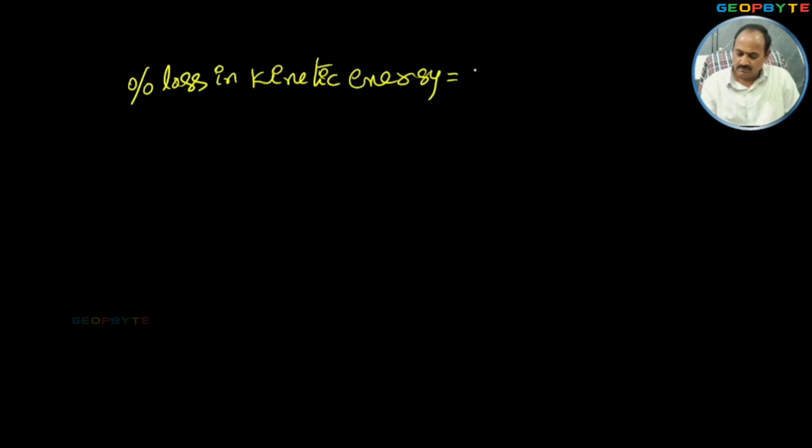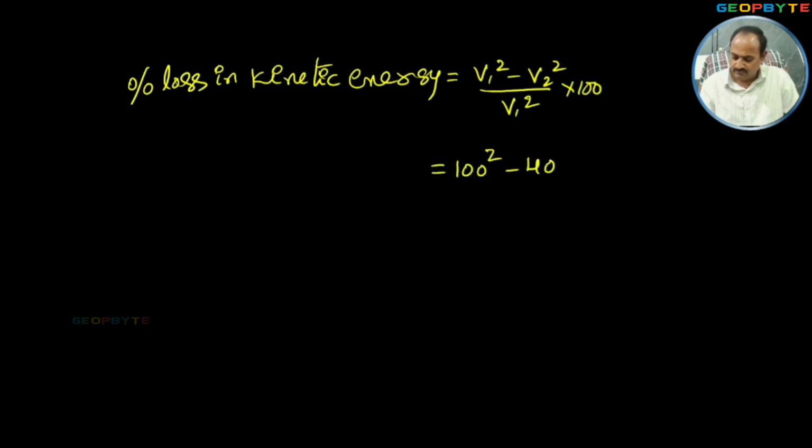The percentage loss in kinetic energy is equal to v1 square minus v2 square by v1 square into 100. v1 is given, 100 square minus v2, 40 square, divided by 100 square, into 100.